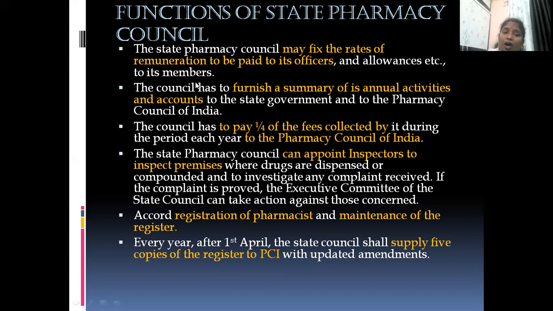Not only that, the council has to furnish a summary of its annual activities and accounts. The annual activities mean the register they are maintaining, the first register, and the activities and accounts every year, including how much fees they collected.